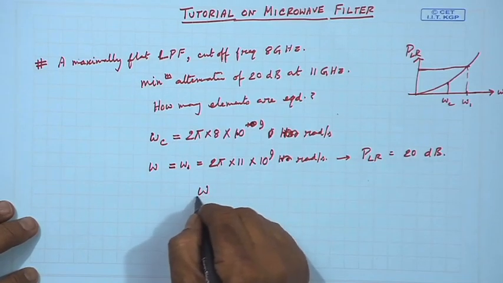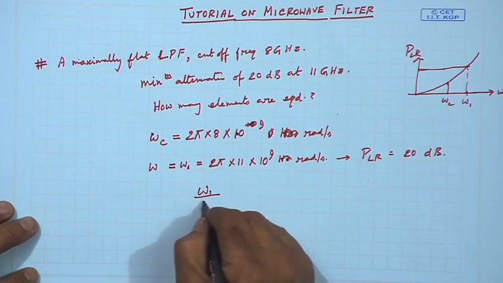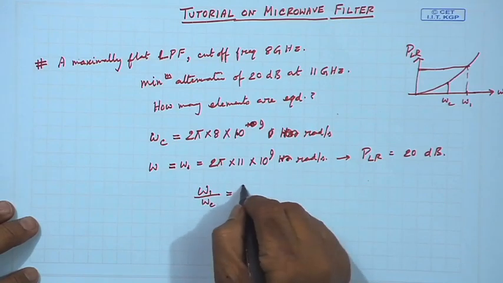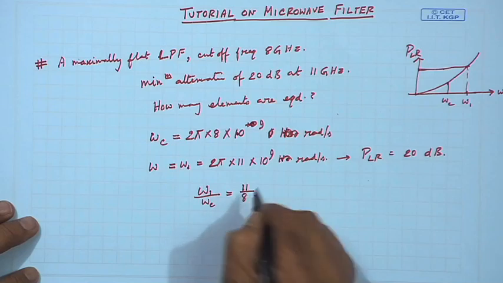So, basically this ratio omega 1 by omega c is nothing but 11 by 8.